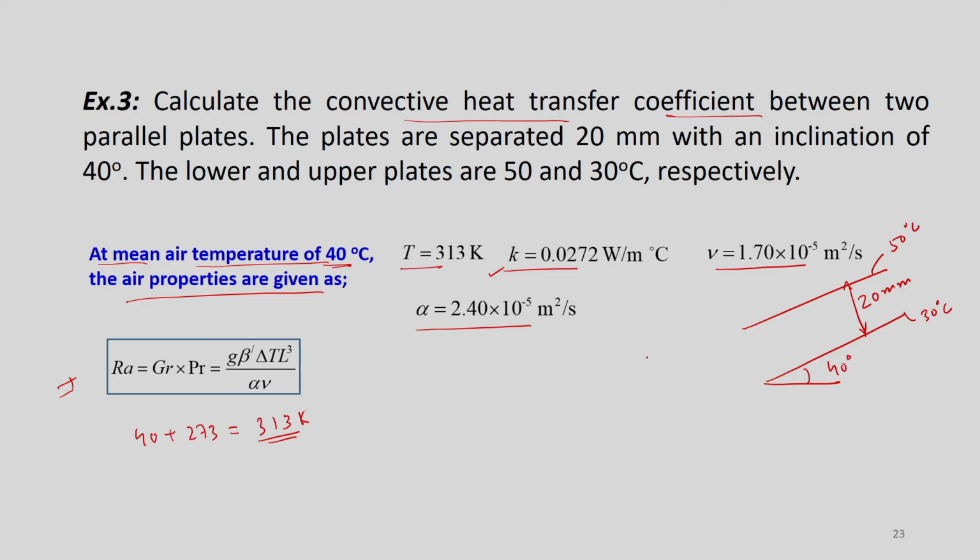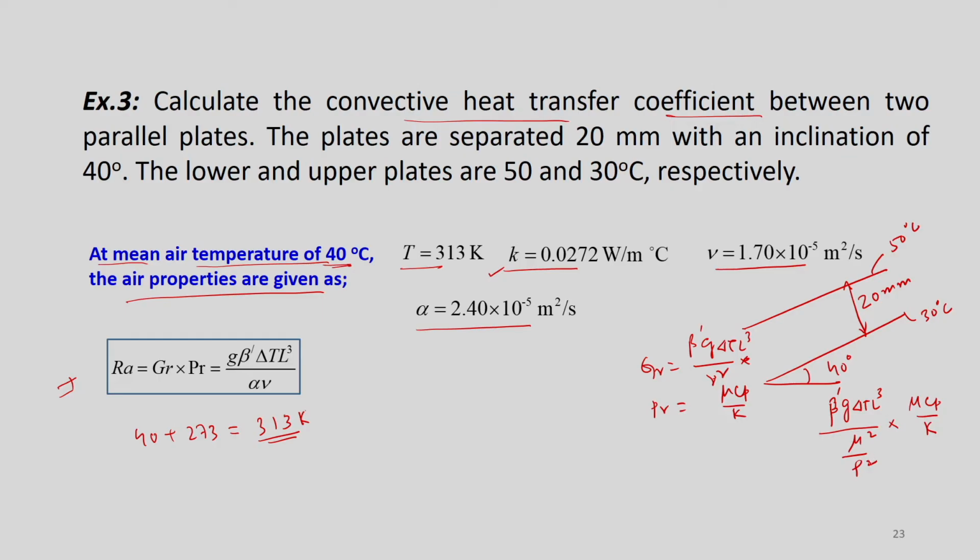So, the Grashof number is beta g delta T L cube by nu square. Then the Prandtl number is mu into Cp by k. If we multiply them, we get beta g delta T L cube by nu square, where nu is mu by rho, times mu Cp by k.